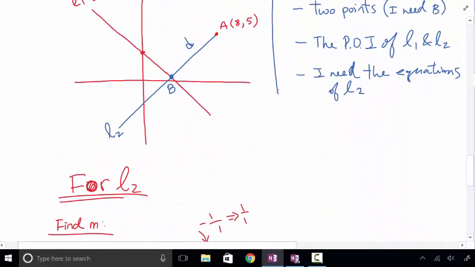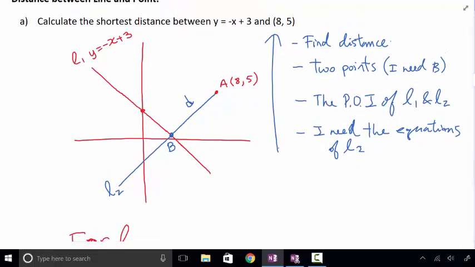Once I find the point of intersection, I forgot totally what I had to actually do in the question. So I have to go back and see, okay, I found my point of intersection. Now I need the 2 points, which I already have. So now what can I find? Find the 2 distances. Awesome.